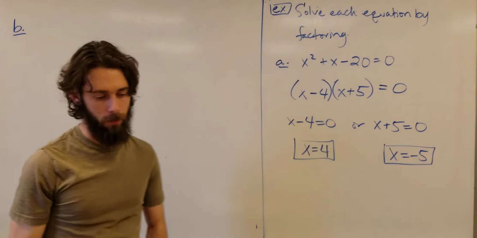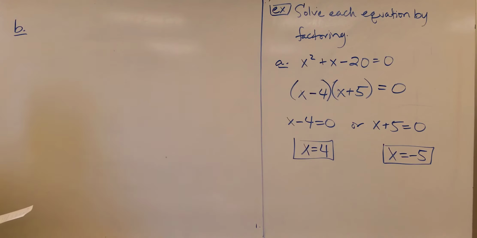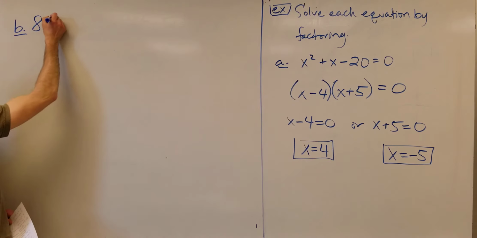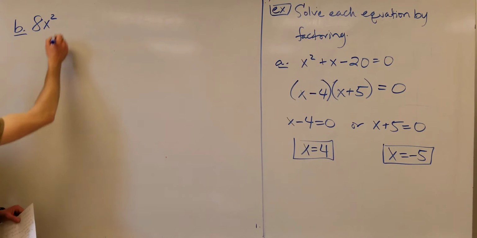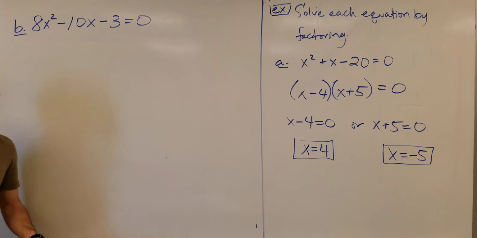So B, let's do how about 8x squared minus 10x minus 3 equals 0. Okay, so take a minute and pause and try to solve it on your own.